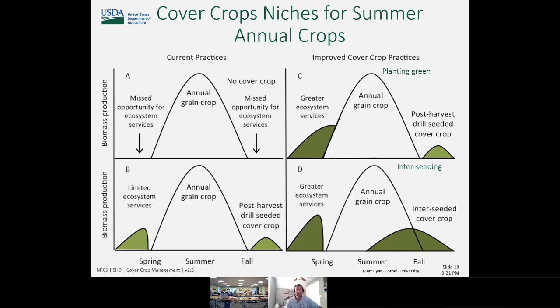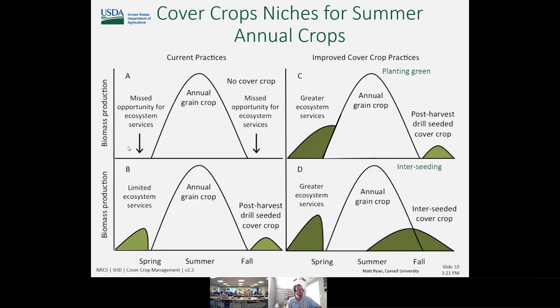But now, after sitting through this training, you're learning that every operation has livestock. They just may be very small and they may be in the soil profile. So if every operation has that livestock, we need to make sure that we are feeding or providing ecosystem services to not only that soil profile, but also supporting that soil biology.